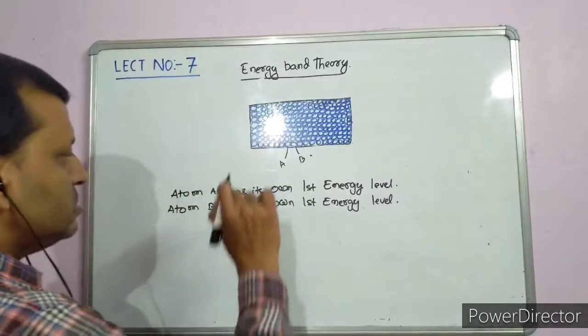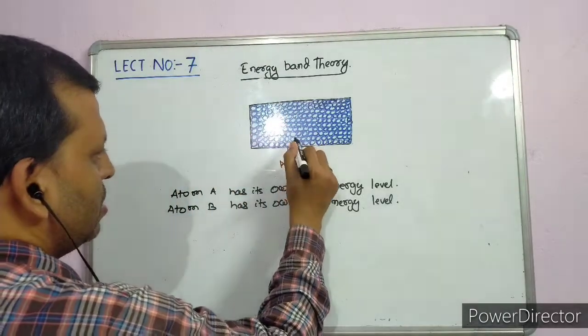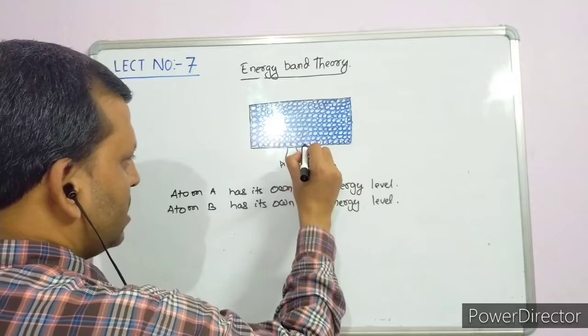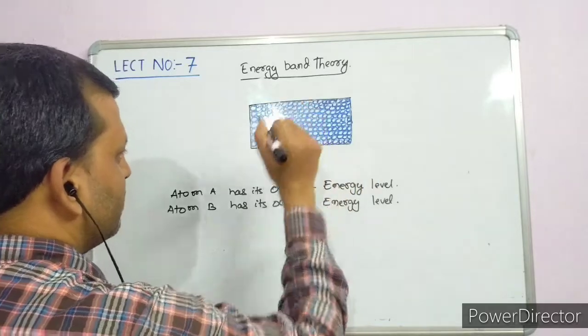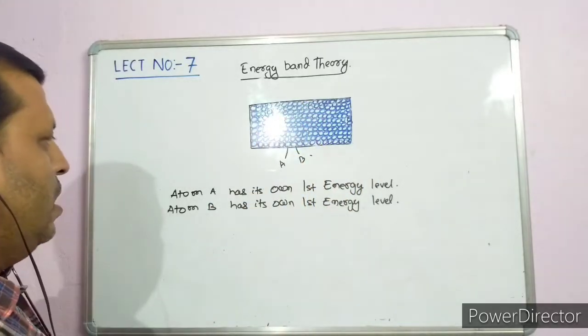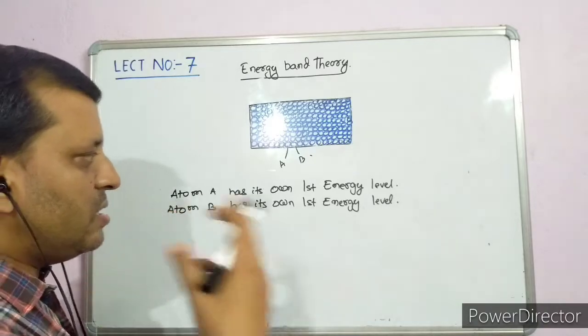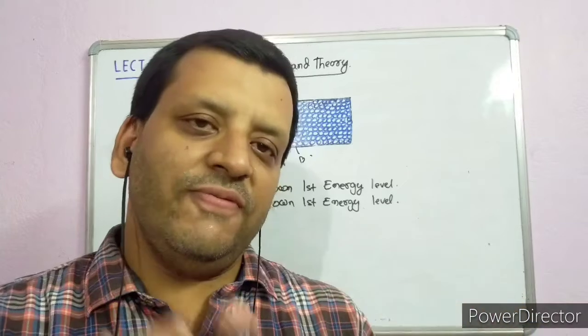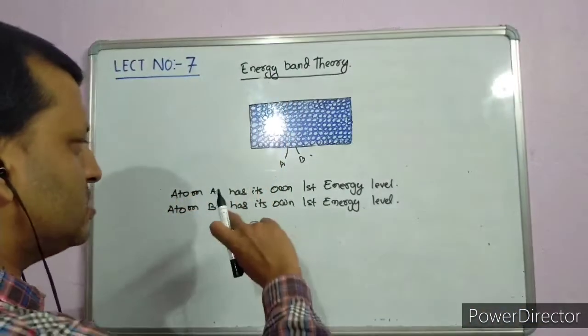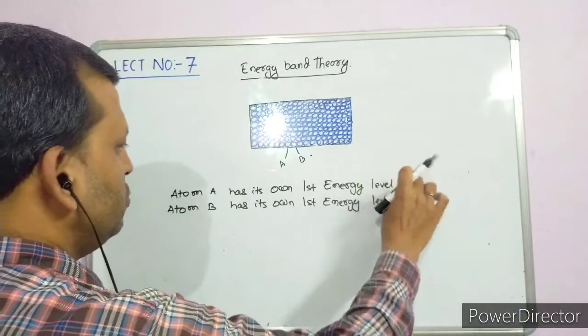Similarly, you can see other atoms are quite closely packed. That means the first energy level of all other atoms also interferes with the first energy level of these two atoms.